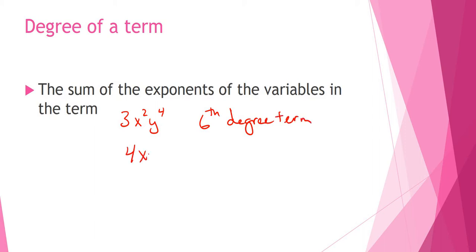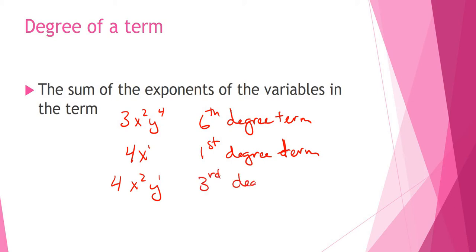Again, we're only looking at the variables. The understood exponent here is 1. This is a first degree term. How about 4x squared y? See if you can figure out the degree. So the degree of the x is second degree plus an understood 1. This is a third degree term.